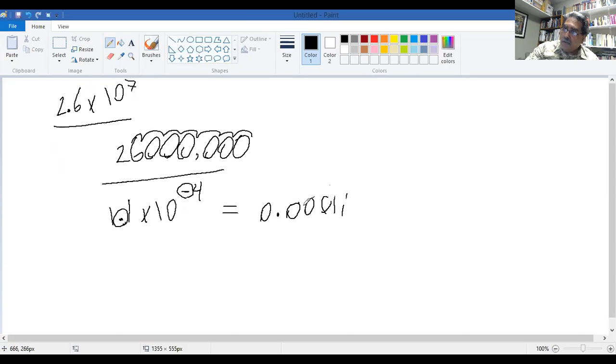You see, I moved this 4 units to the left. It was right here, and I moved it 1, 2, 3, 4. Put it here. I hope this is clear.